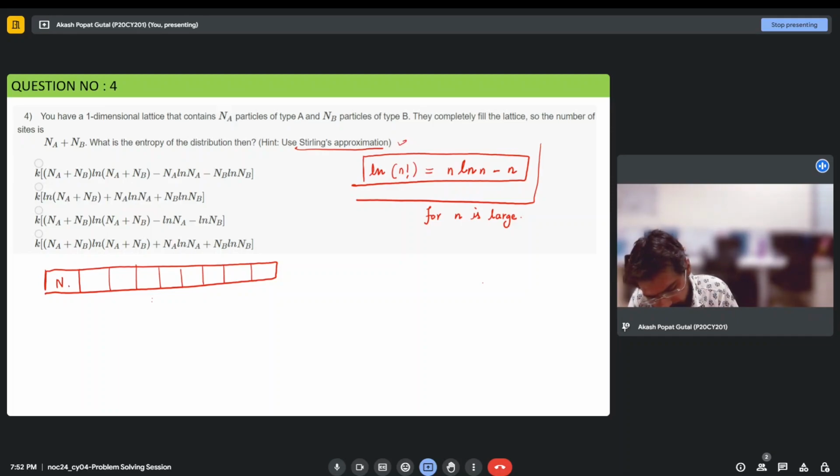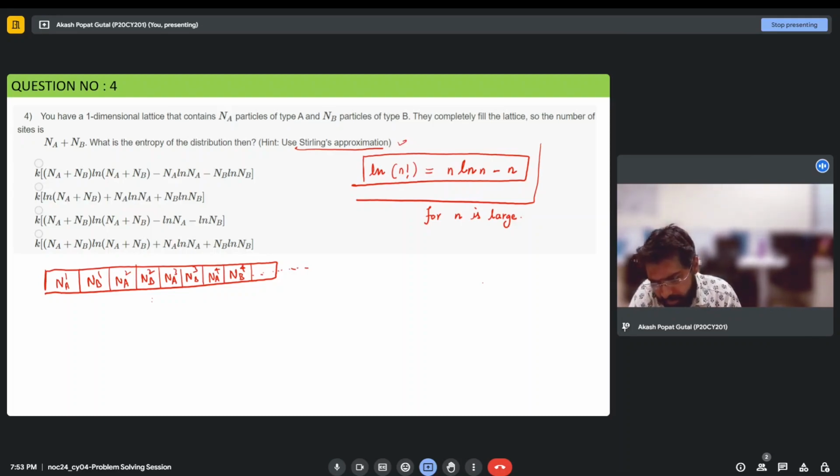So let's say A1, A2, A3, A4, like this. We have multiple A's and B1, B2, B3, B4 and so on. They have a random arrangement, and the lattice is complete when we add both the sets, the Na and Nb sets.